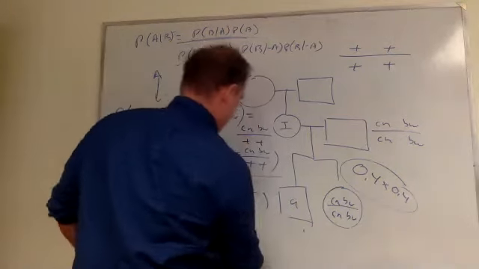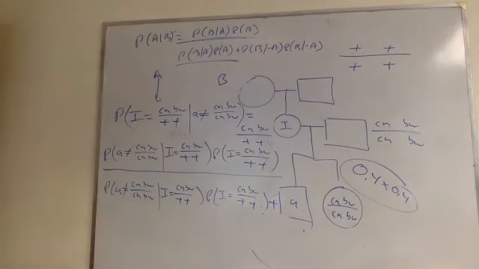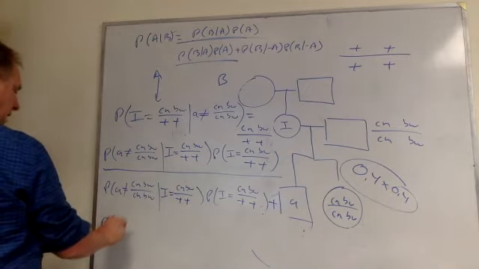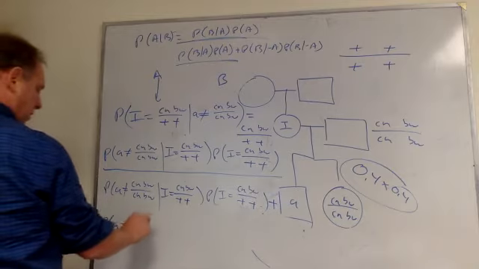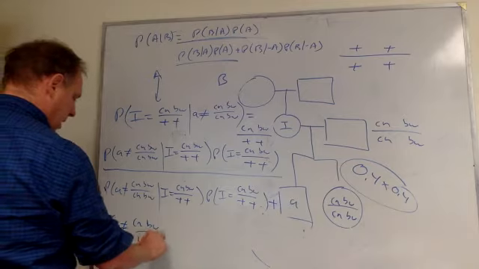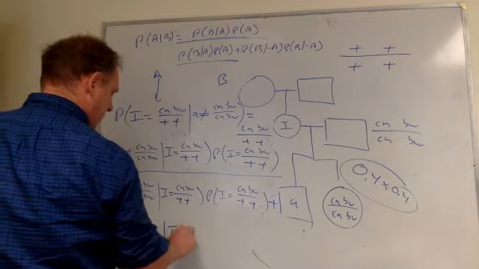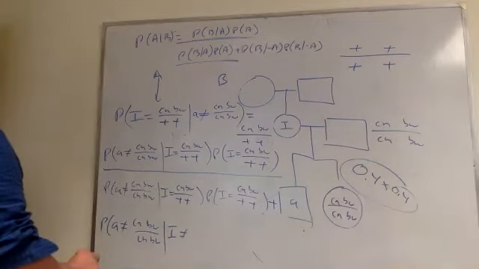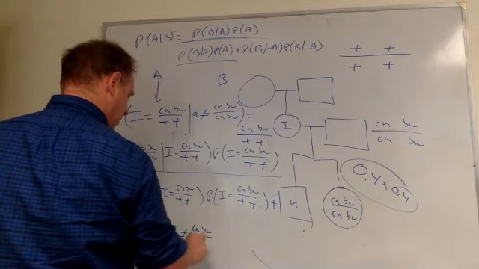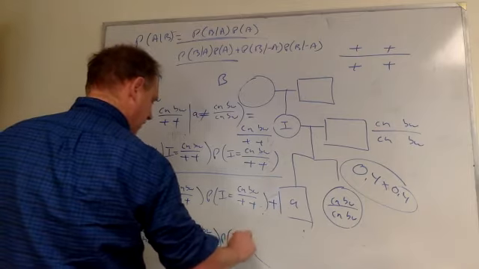And then we're going to add that to, and you'll see that things get simpler in a moment, the probability that A, again, doesn't equal the Cinnabar Brown genotype, which means that they have red eyes, given now that I doesn't equal Cinnabar Brown over Cinnabar Brown, times the probability that I doesn't in fact equal that.